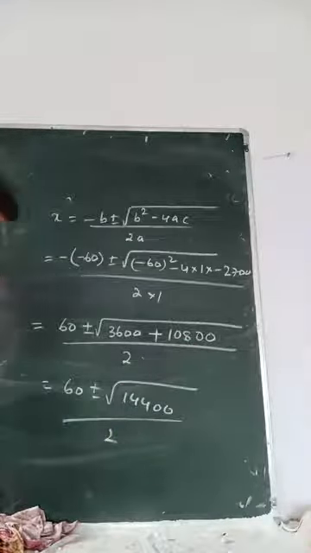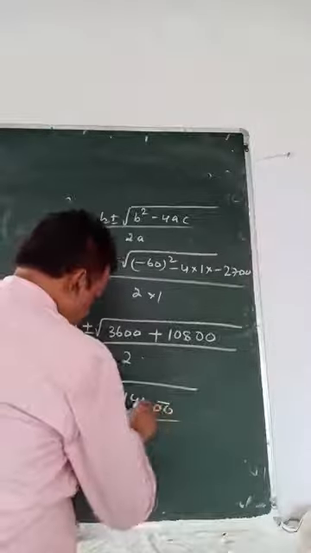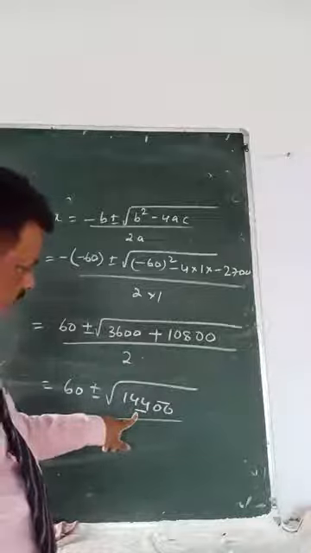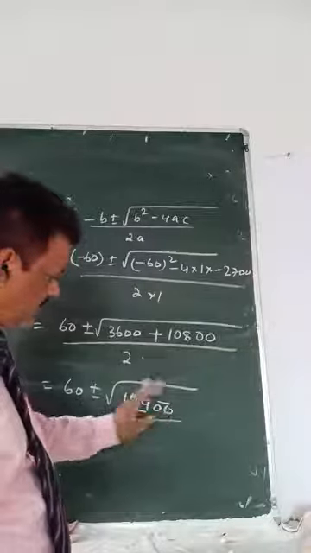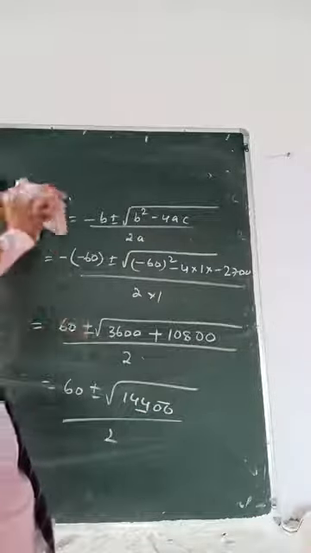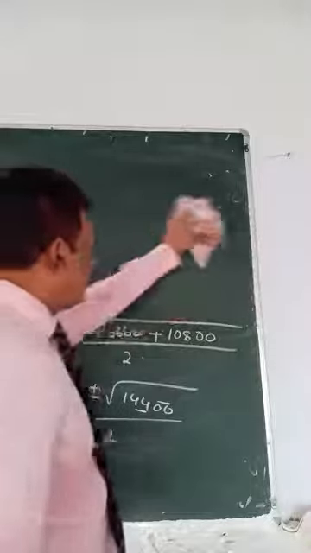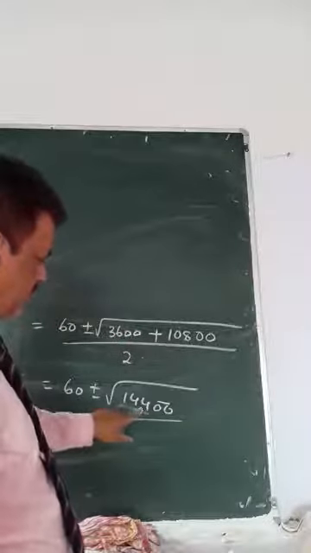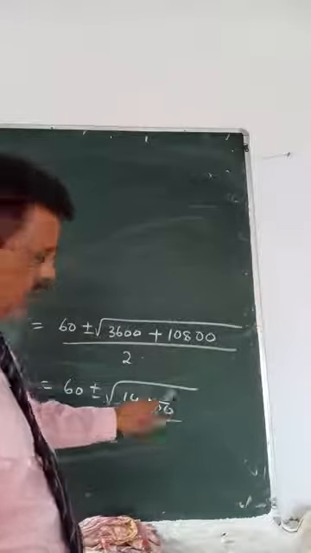Okay, I will teach you an easy method. The root of 144 is 12, and from 2 zeros you take 1 zero, so that you can directly find out. The technique is the root of 144 is 12, then from 2 zeros you take 1 zero.